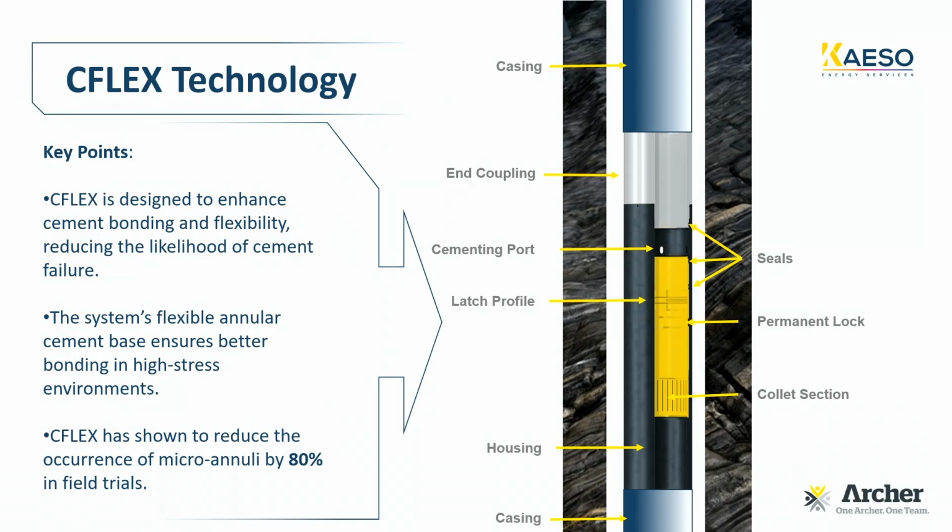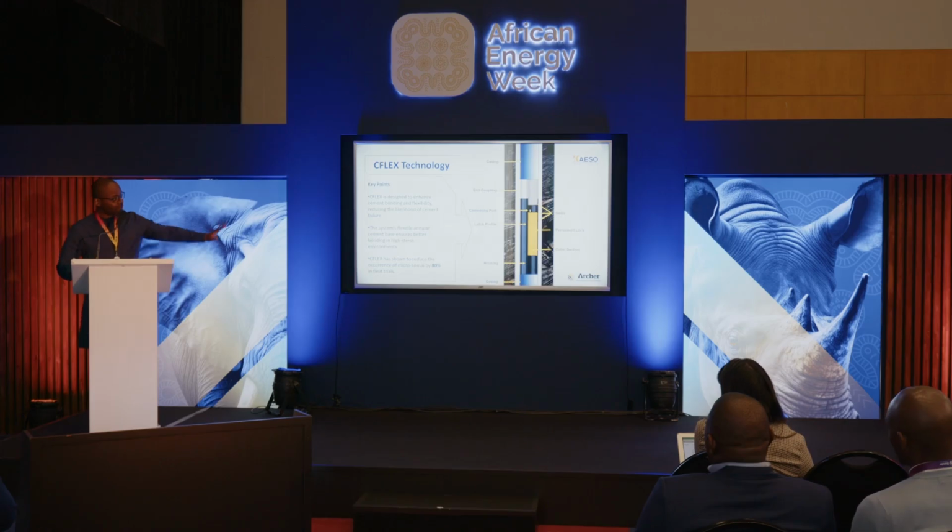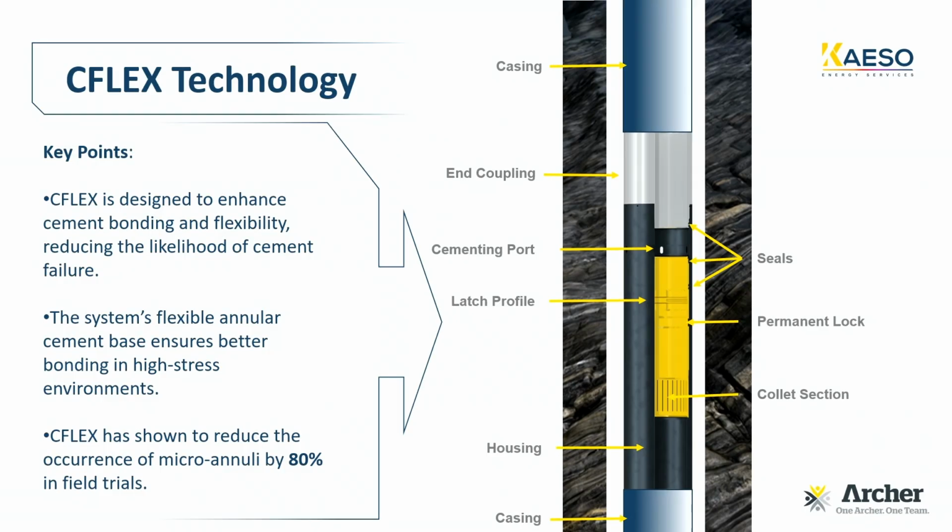This tool was designed and manufactured by a company called Archer. Now, let me explain a little bit how it works. The graph that you see on my left-hand side represents, in the gray, brown, black, the rock zones, the formation.